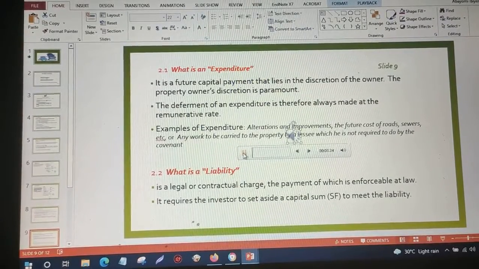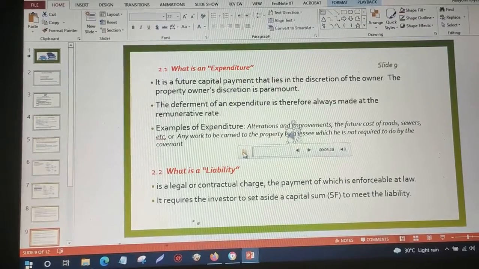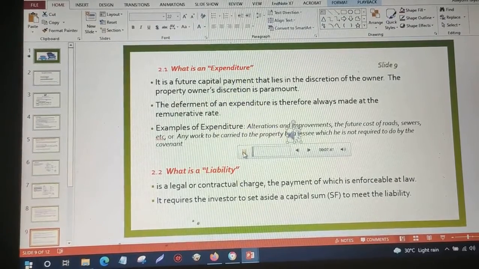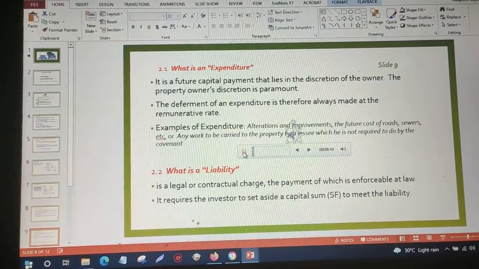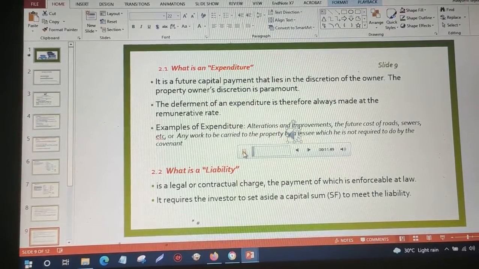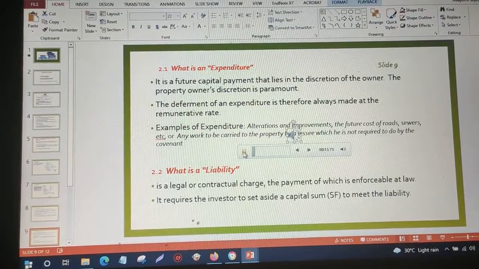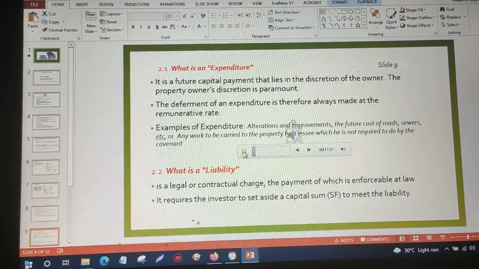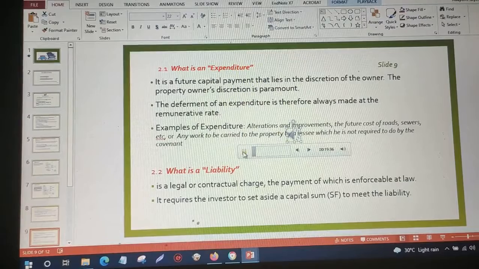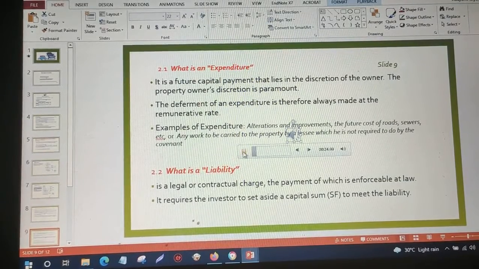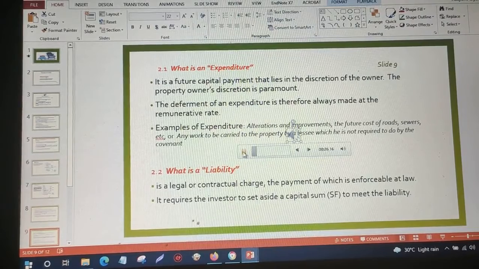Yes, I would like to distinguish between what an expenditure is and how it differs from a liability. An expenditure could be an immediate expenditure, or it could be a future expense or some future expenses. But what is important is that it must lie at the discretion of the owner.